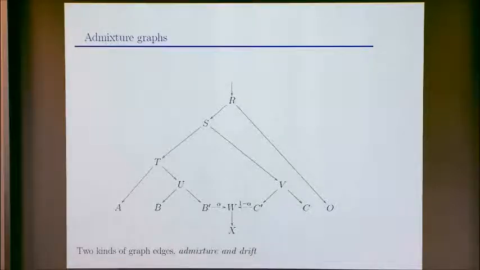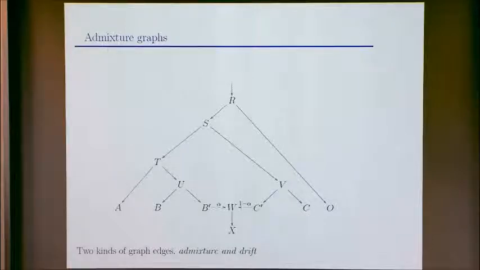And then there are two sorts of edges in the graph, and most of them are what I call drift edges, in which allele frequencies are simply changing by diffusion down the edge. I'm going to assume throughout this work that you have constant size population on each edge, right?